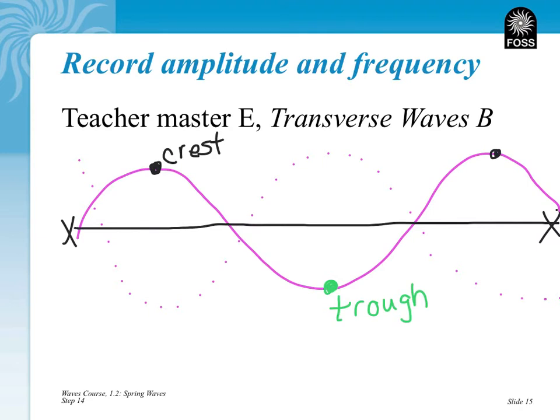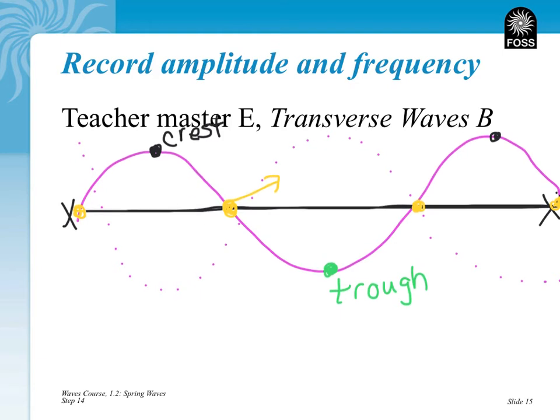The reason you have to have the midline marked is so you can label this next part. The next part is where the wave intersects the midline. So here, and here, and here, and here. And these things are called nodes.